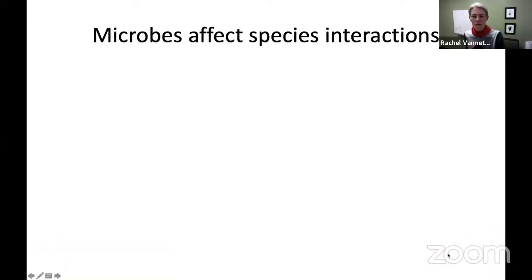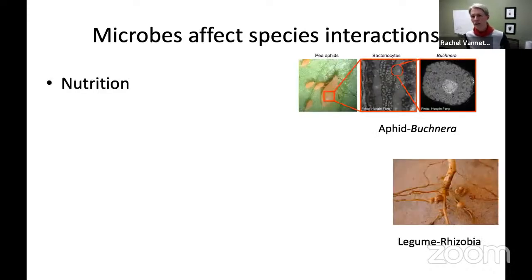All right, so we in ecology and evolutionary biology are now recognizing that microbes affect species interactions in a number of ways. Those mechanisms have been highlighted previously in some really well-studied systems. We know that microbes can influence host nutrition by accessing novel sources of nutrients, highlighted really well in pea aphids or legumes that associate with microbial communities that access novel forms of nitrogen.